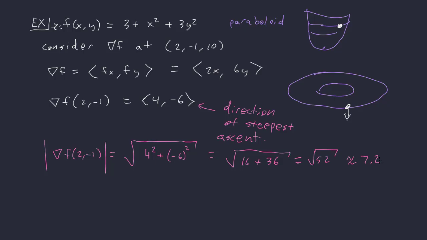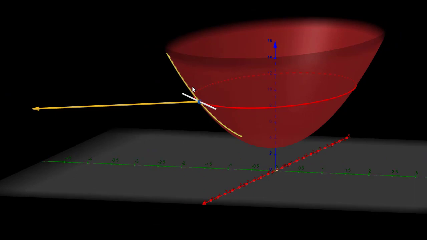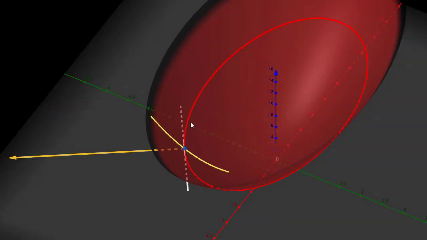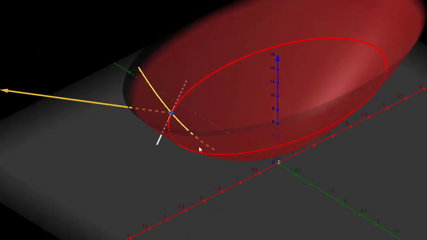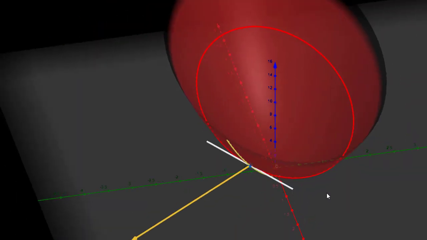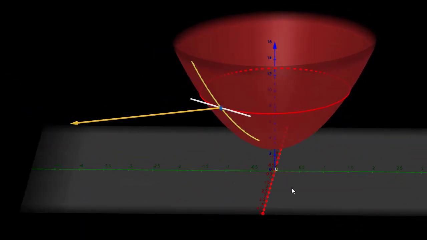All right, so what that means is as steep as this ascent would be, would measure about 7, whereas this would measure about 0. Okay? All right, so that is what the gradient gives us as far as direction of steepest ascent, descent, and direction of no change.